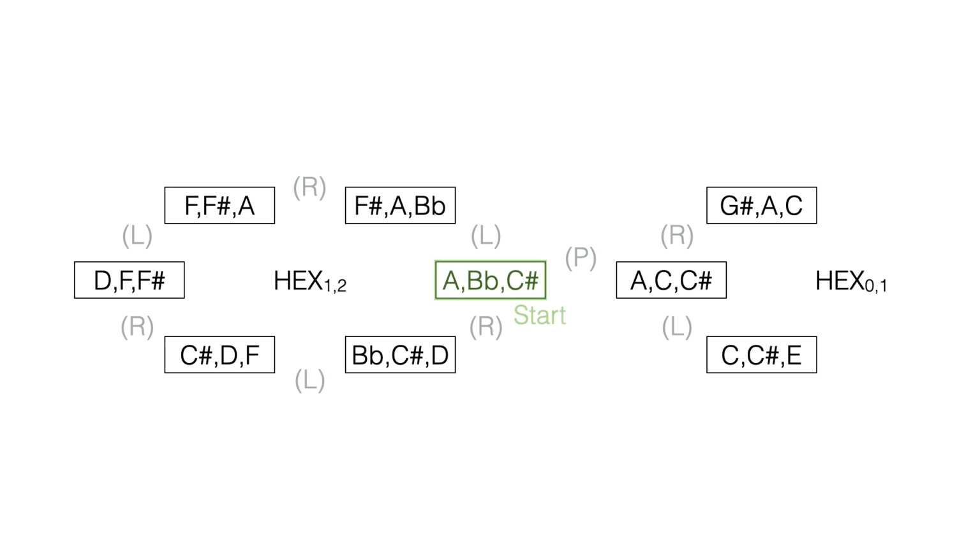We start on a 014 that combines A and C sharp from the A major triad with a dissonant B flat.